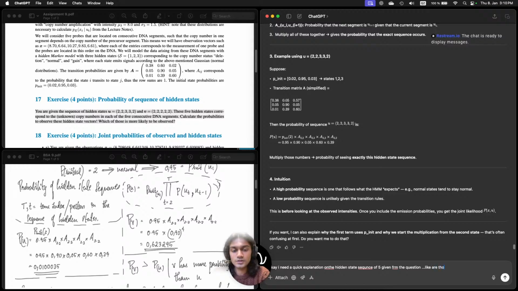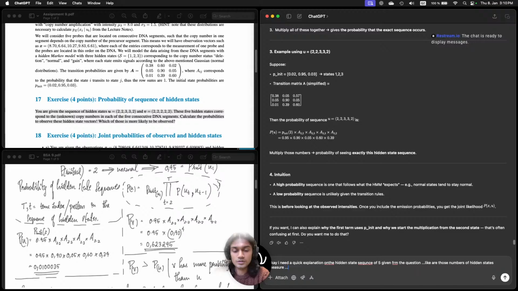Are those numbers of hidden states measured, or thought to be measured, of different probes or 5 probes of the same microarray chip?